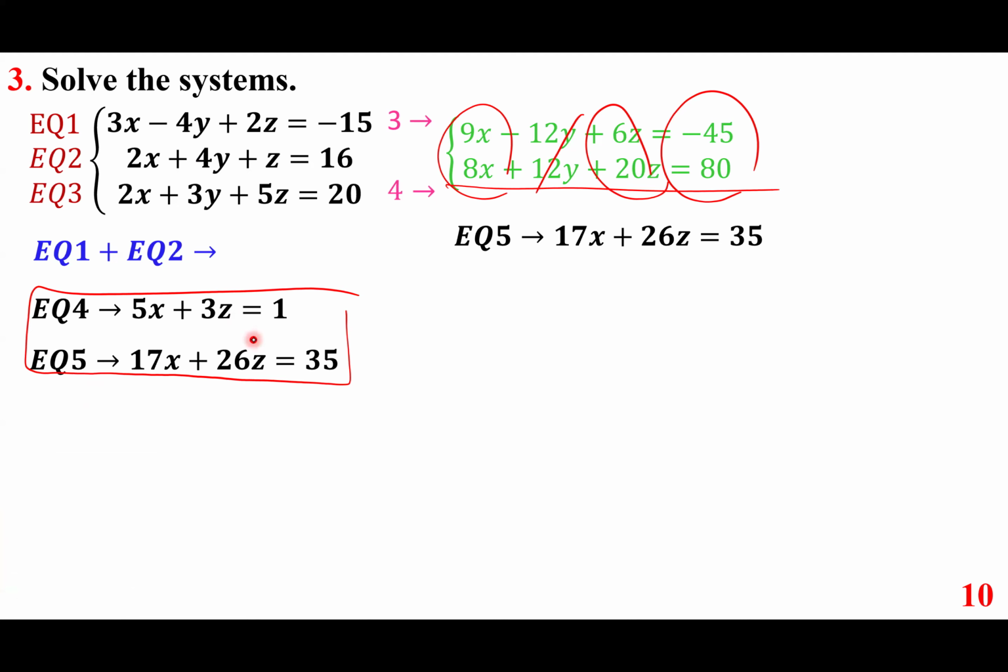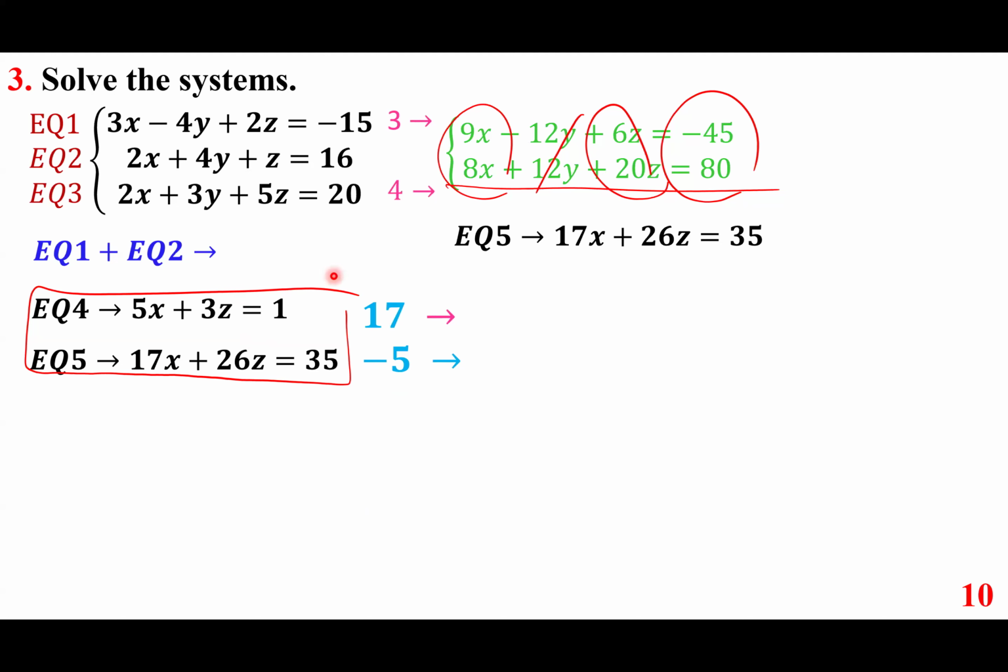Okay, everybody, that's the idea. And now I'm going to solve for one of the variables. For example, if I want to get rid of the x, I can multiply this one by 17, this one by 5, one of them negative. If I want to get rid of the z, this one by 26, this one by 3, one of them negative. So let's multiply by 17 and negative 5.